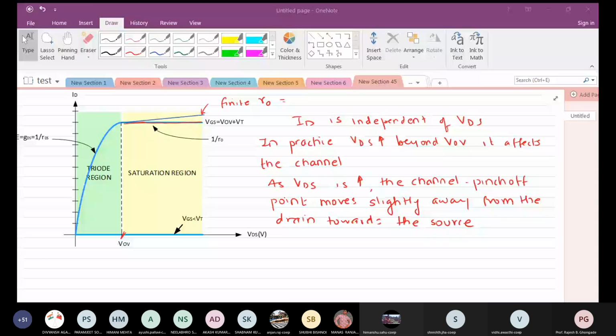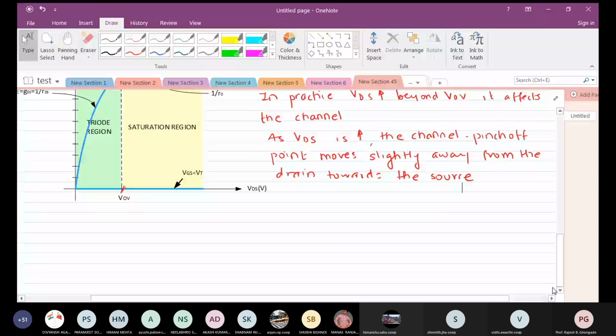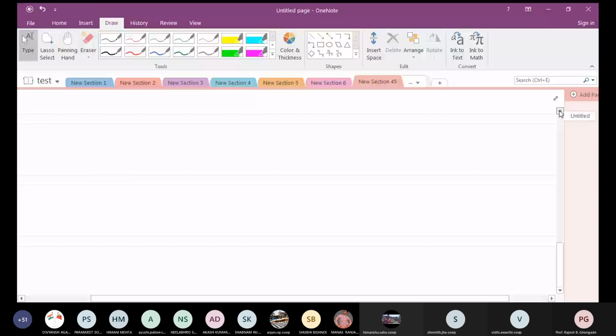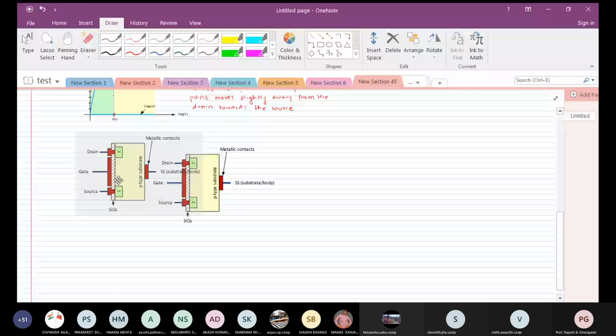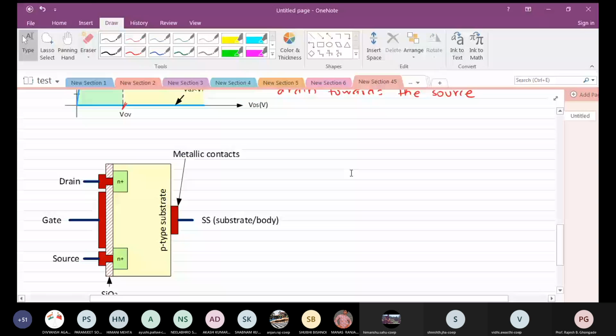So what does this mean? It simply means that I'll be having this VGS, this at ground, and I'm to have this VDS. As I go on increasing VDS beyond VOV, first of all, there will be pinch-off.